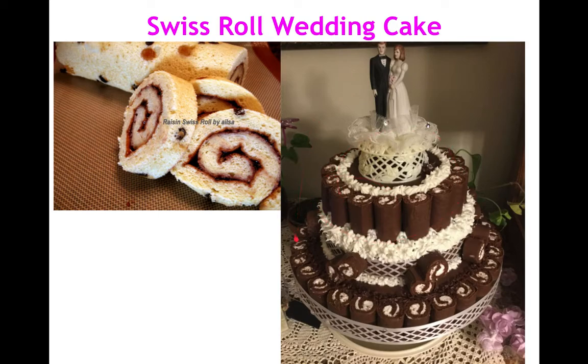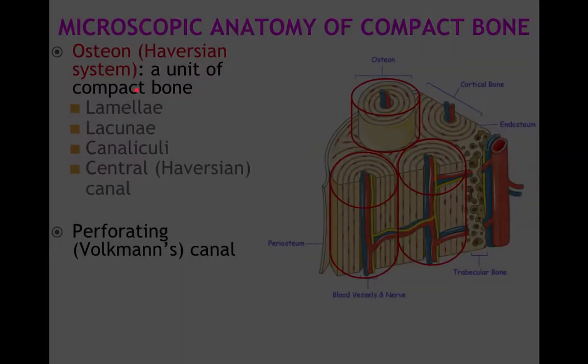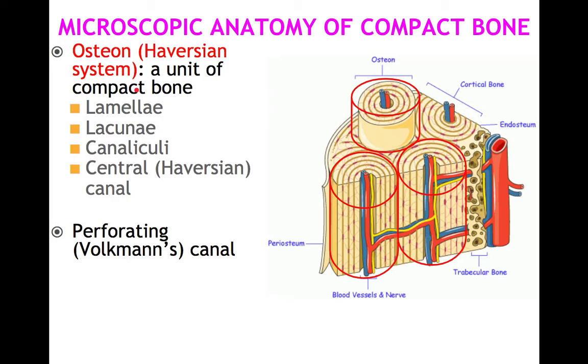So just think of this whole cake as kind of like the cross section of one of your long bones. And then it would be made of these individual Swiss rolls that have this rolled up cake with these little raisins stuck in all of the layers. So hopefully that analogy will make sense to you.